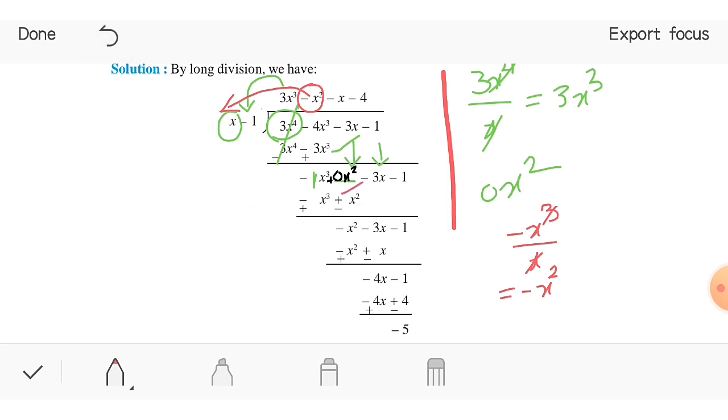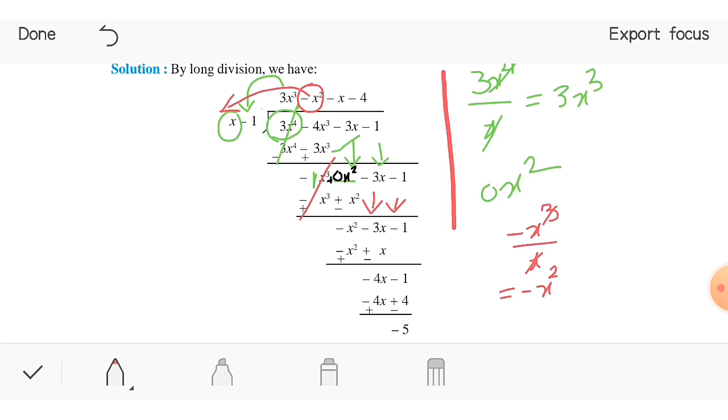Here it is a plus symbol, so I have changed it to minus. Now after this gets cancelled, we'll get plus 0x square minus x square, which gives minus x square. Now bring down minus 3x and minus 1. We'll get minus x square minus 3x minus 1.